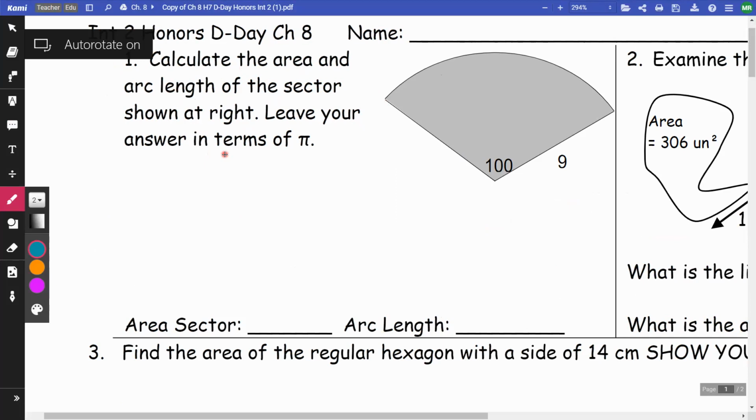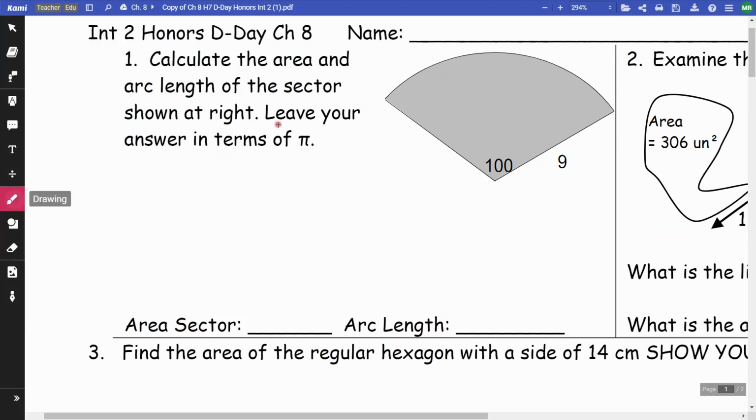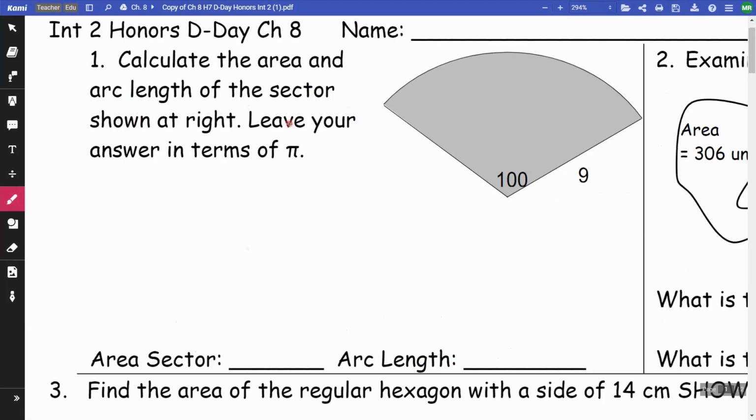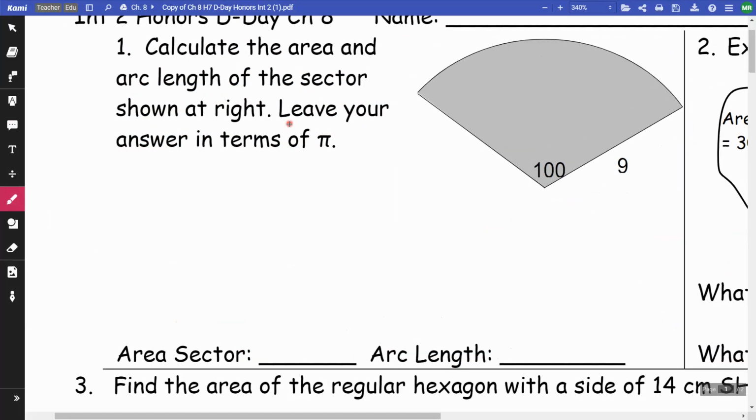is to just make sure everyone understands how to find the area of a circle and the circumference. So area of a circle is equal to pi times radius squared. And your radius is from your center out.